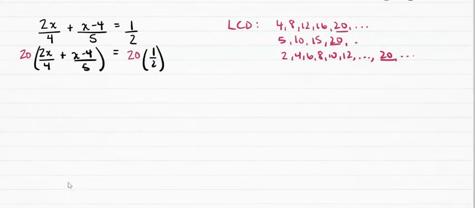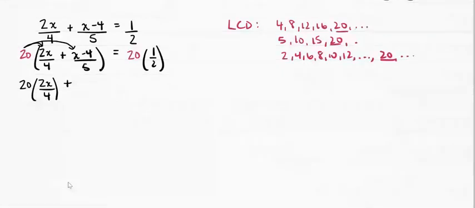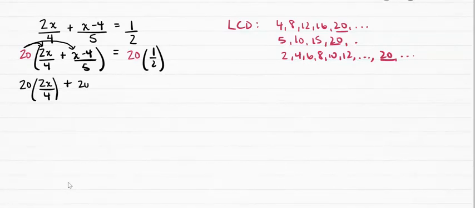Okay, so when we multiply the left-hand side of this equation by 20, since there's two terms on the left-hand side of the equation, we're going to use the distributive property to multiply the 20 by each of the terms inside the brackets. So that will give us 20 times 2x over 4 plus 20 times the second fraction, which is x minus 4 over 5.